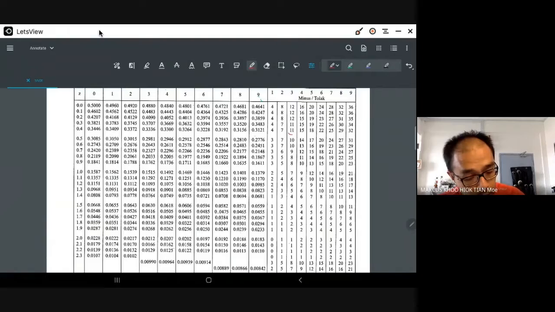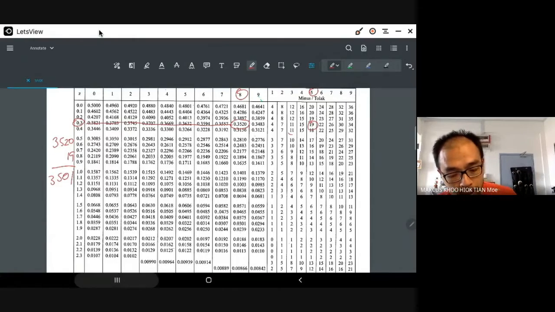When you read this, 0.3 is this, 0.38 is this, and then for 5 we subtract 19. So 3520 minus 19, you get 3501.